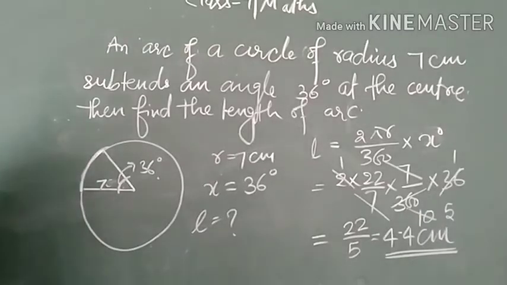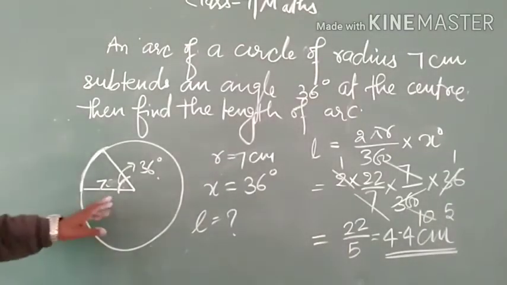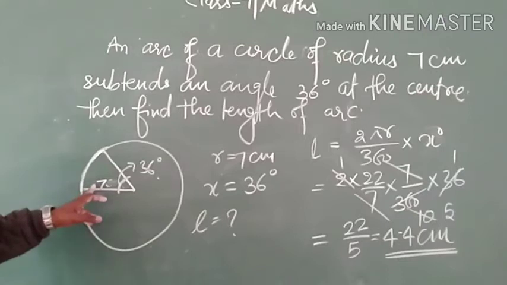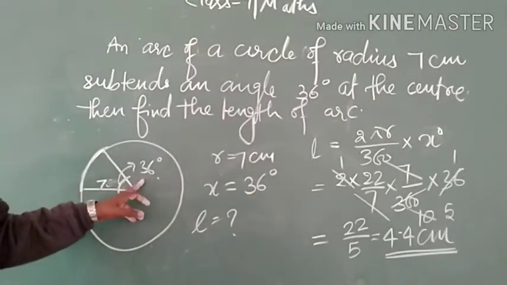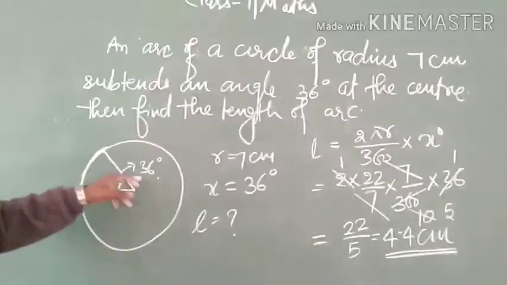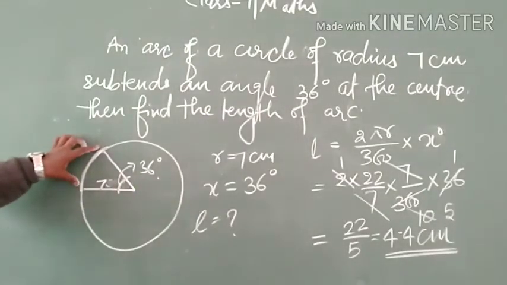So here there is a circle of radius 7 centimeter having a central angle of 36 degree. Therefore, we have to find out the length of this arc.